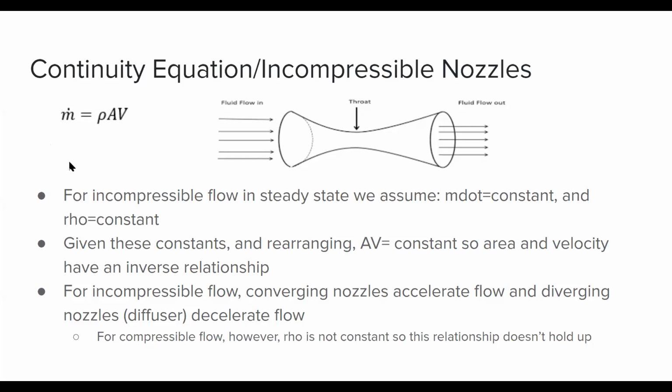So this makes the relationship a little more complicated. If we're varying area, then we have two variables. It's impossible from this equation to know whether density change or velocity change is going to be more dominant. So for compressible fluids, we need a different equation to address this.